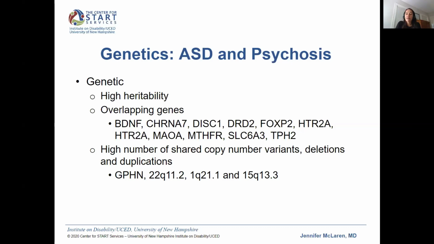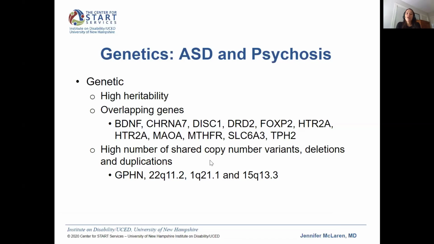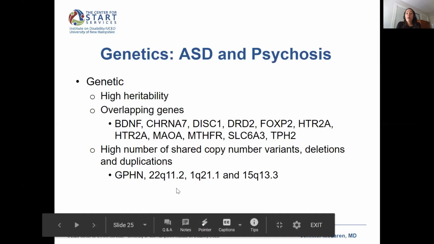So inheriting autism or schizophrenia is just as likely as inheriting height from your parents. There are some overlapping genes that can cause both disorders, and these are some of them. And on a chromosomal microarray, we can look at whether an individual has shared copy number variations, deletions, or duplications that can predispose somebody to develop both autism and psychosis.